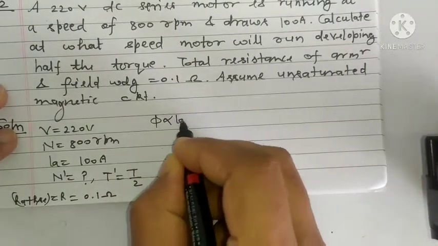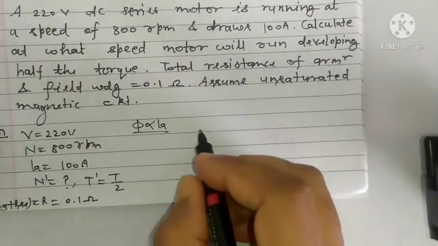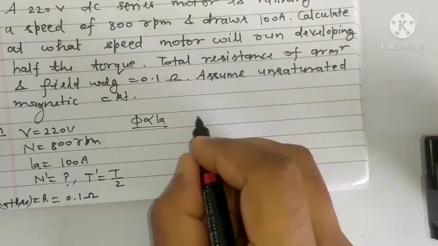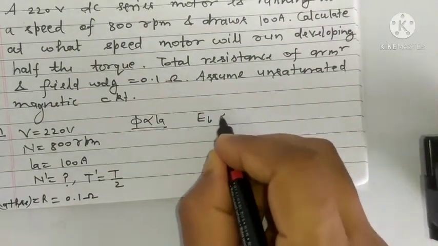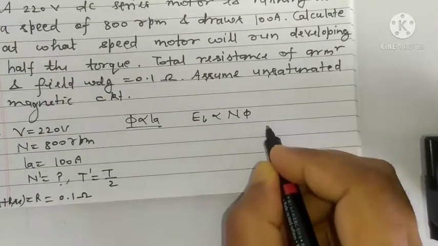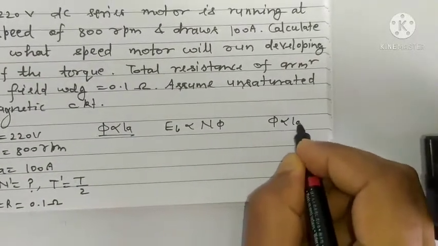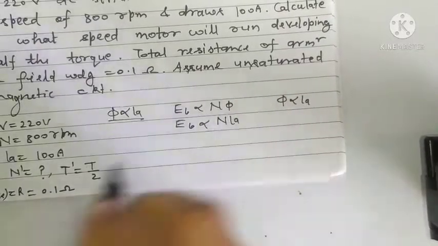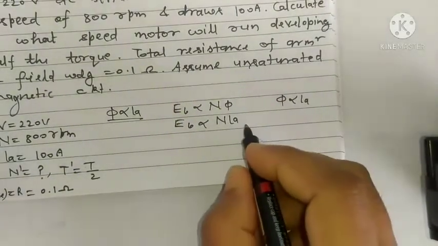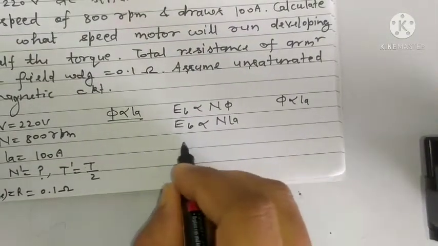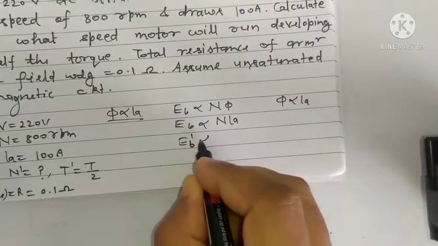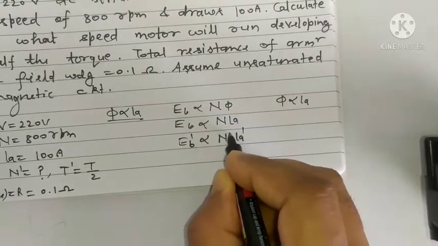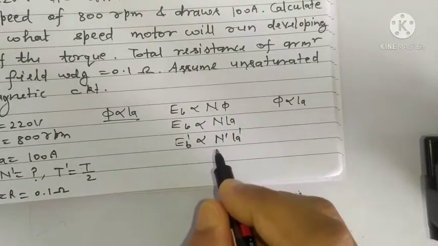Assume unsaturated magnetic circuit. Unsaturated means phi is directly proportional to IA. So they are asking the new speed. So we can relate back EMF only. EB is directly proportional to N phi. And we know phi is directly proportional to IA. So I can write EB is directly proportional to N IA. Similarly, new EB dash will be N dash IA dash.